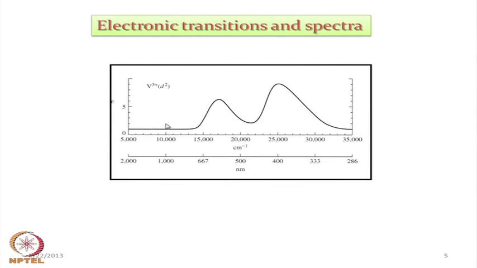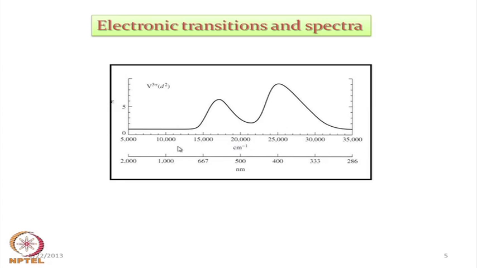So in case of the d2 electronic configuration, the spectrum we get is this. This has been shown in a reverse order, where the low energy is on the left and high energy on the right, for the sake of convenience of writing the centimeter inverse scale from 5000 to 35,000.